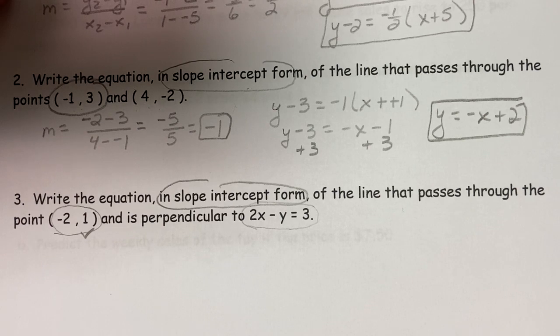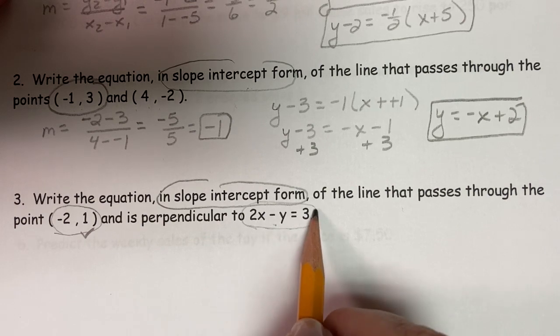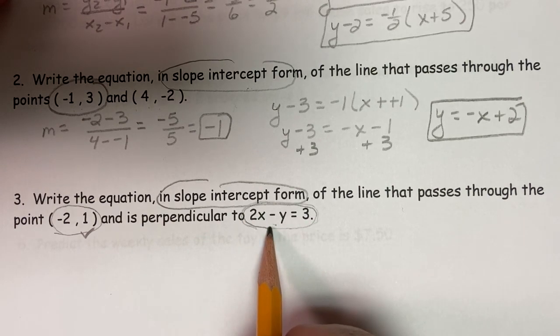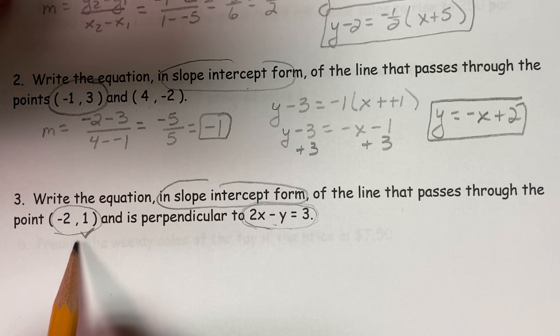Now, how are we going to figure out the slope of this line that I'm trying to come up with? Well, we know it's perpendicular to this line, which means that their slopes are, this is from last section, opposite reciprocals. So what I have to do is find the slope of this line, find its opposite reciprocal, and that will be the slope that I need to answer the question.